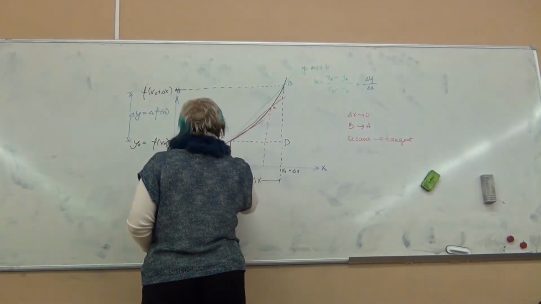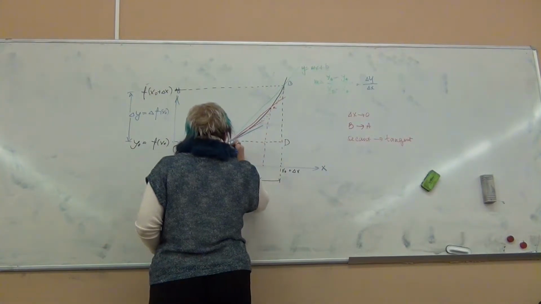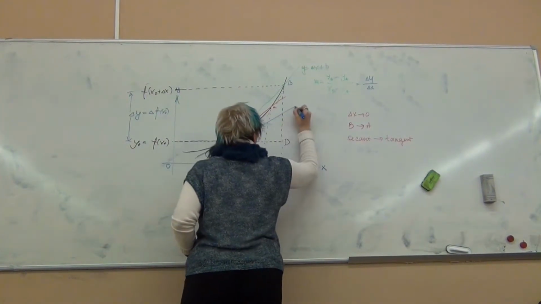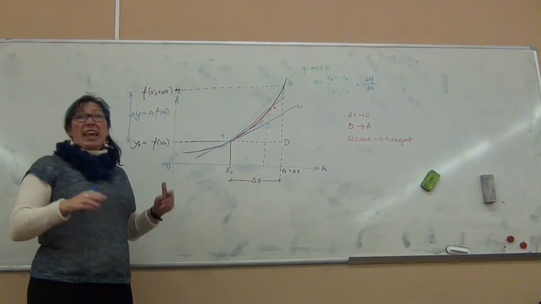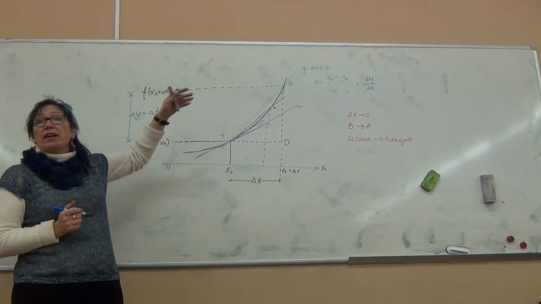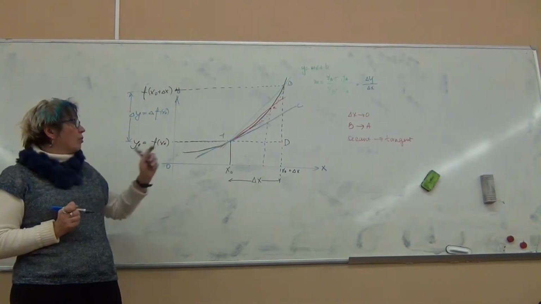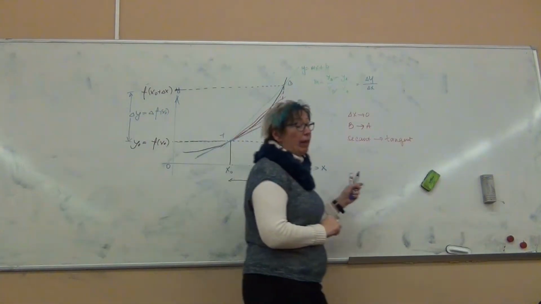So at this point we have the tangent line, this line AC, which is the extreme position of the secant.